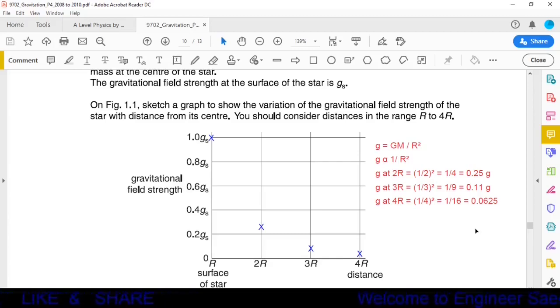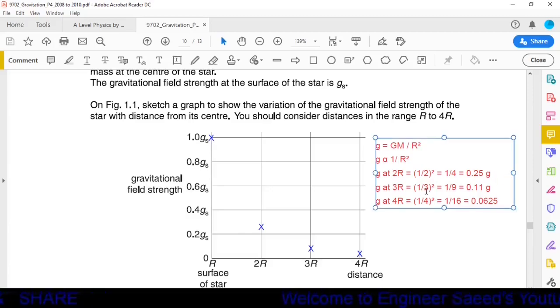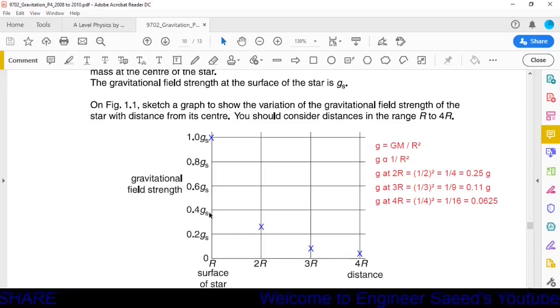Now we have to plot these values on our graph. At r, the value is simply gs. At 2r, the value is 0.25. It is 0.2, it is 0.4, so 0.25 will be somewhere here.